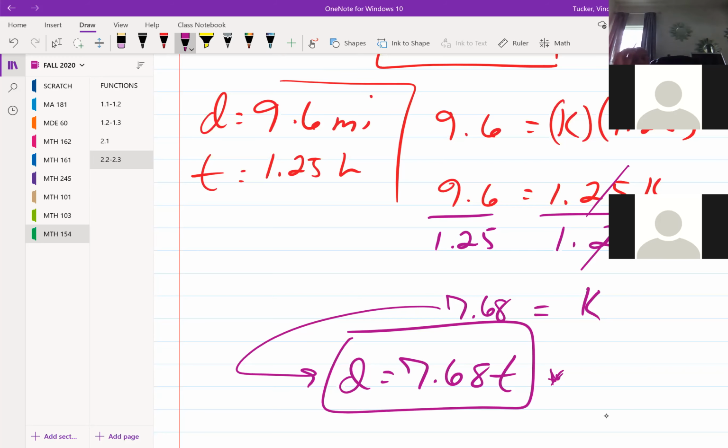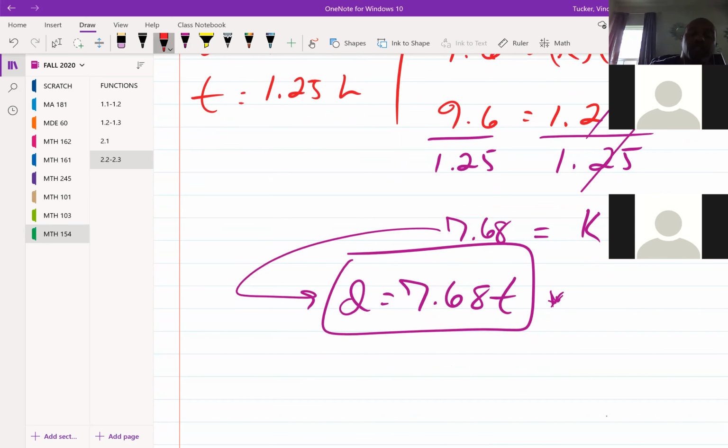They have them in there, stuff like that. So don't forget in this type of situation, they'll show you that D is vertical, T is your horizontal. So that means D is Y, and T is X.